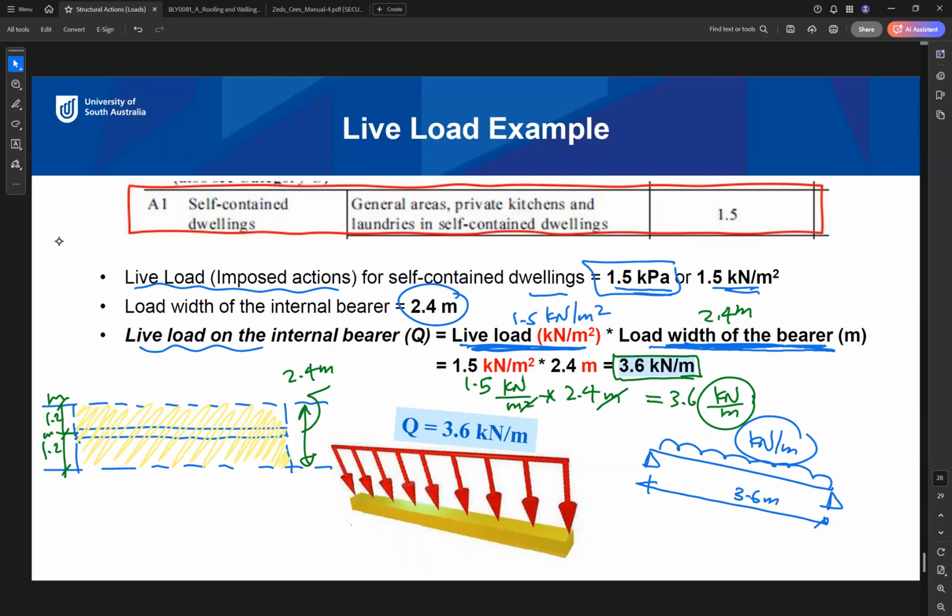And the value will be 3.6. So this is how the live load will look like, and the unit is kilonewton per meter. Okay. So this is how to find out the live load on a beam. Do you have any question about that?